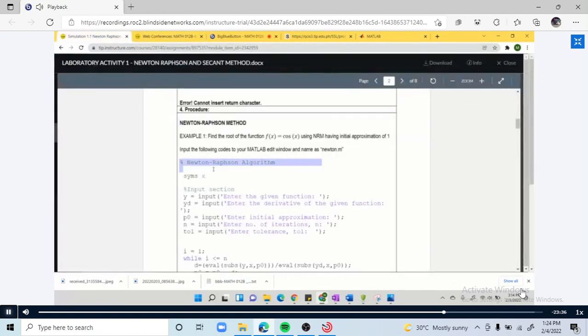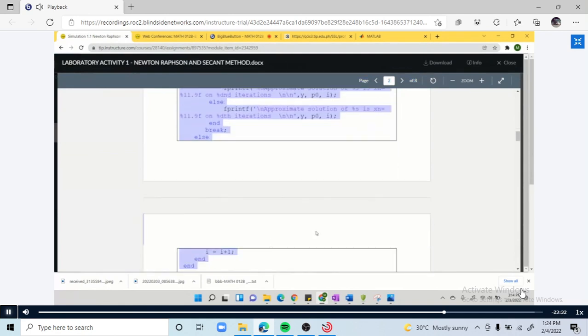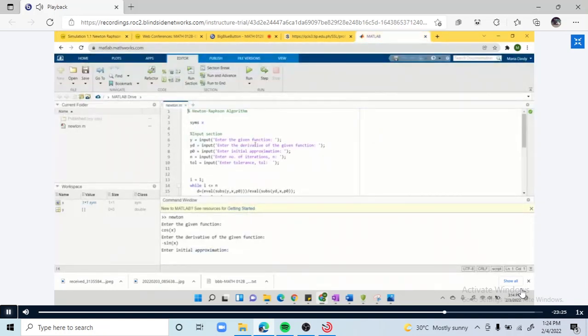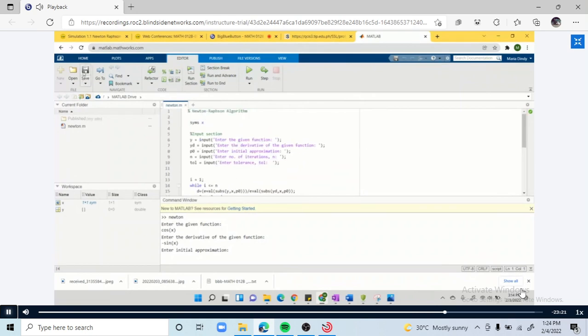O, galing dito. Copy, Control C. Sa edit window, dito yung may numbering sa gilid. Paste. Magiging ganyan. Save. Tapos, ang gagamitin natin ay newton.m.